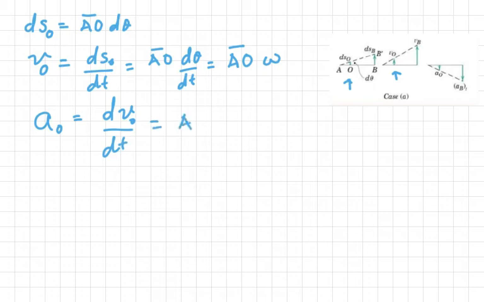That will be dv0 dt, which is AO omega dot, which is AO alpha. We know that omega dot is alpha, the angular acceleration.